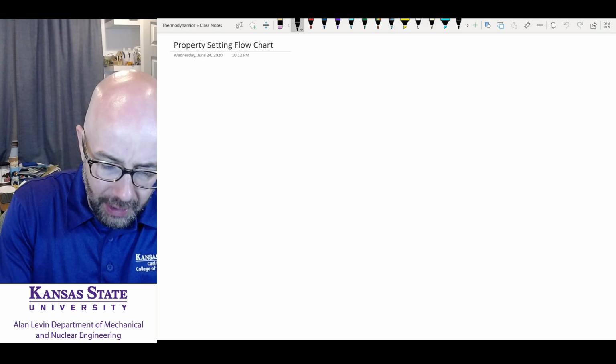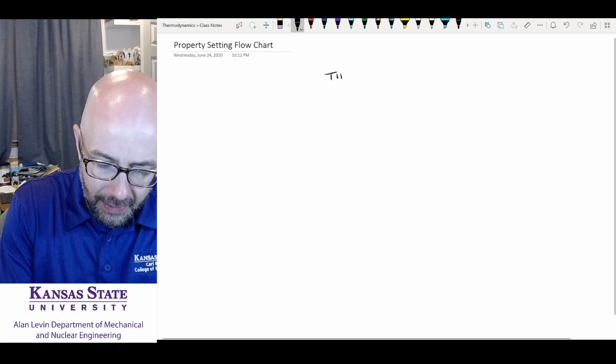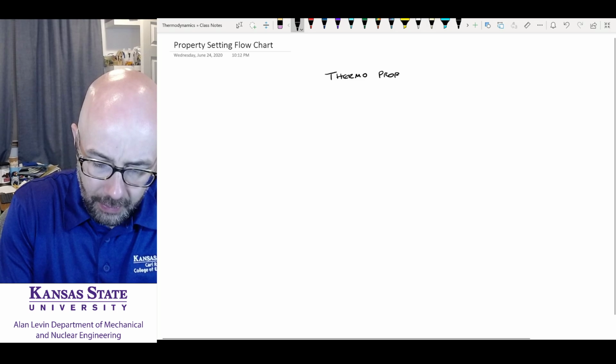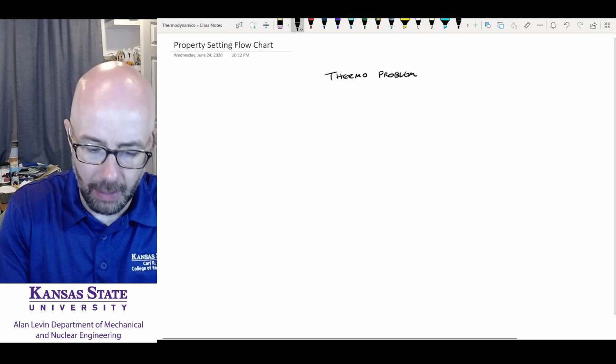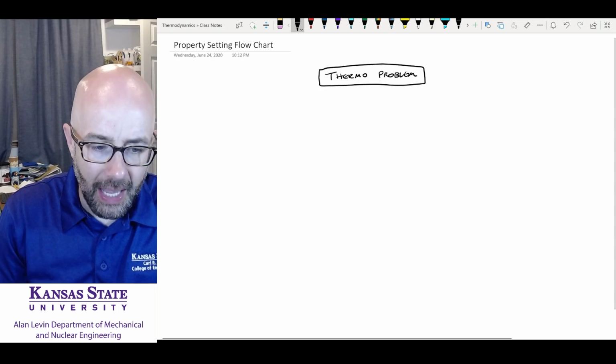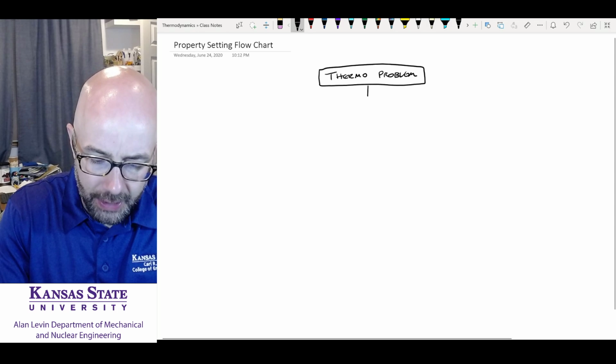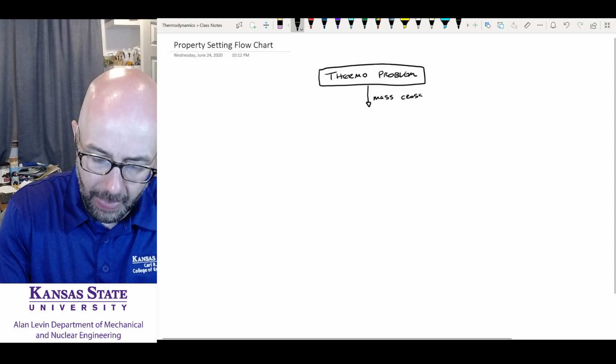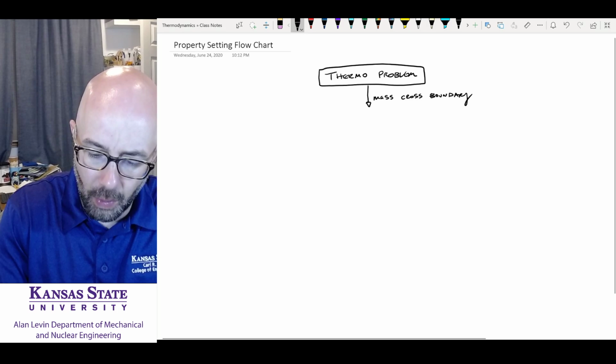What you're going to do here is come into a thermo problem. Here's your thermo problem, and we'll put a box around that. When you have that thermo problem, the first thing you have to ask yourself is, does mass cross the boundary? That's the only question you ask yourself.